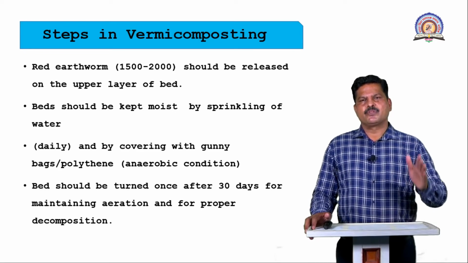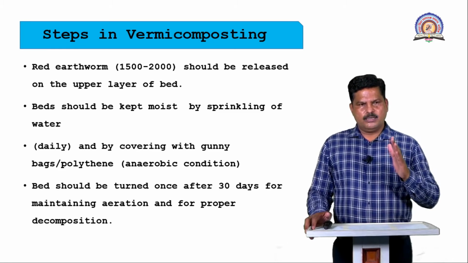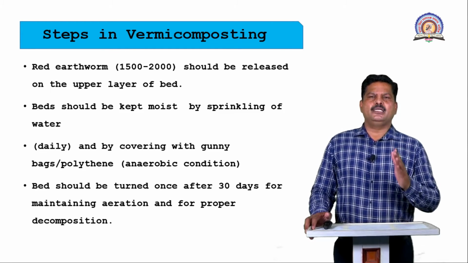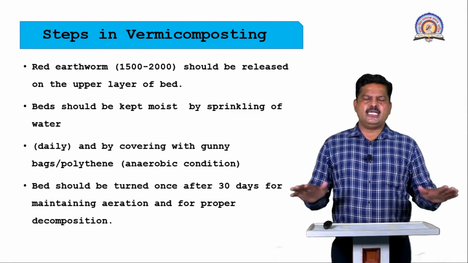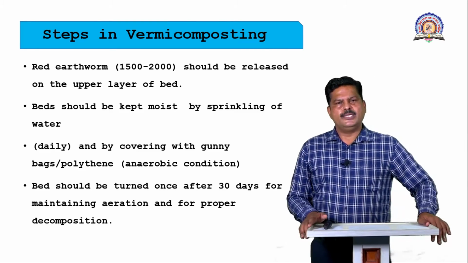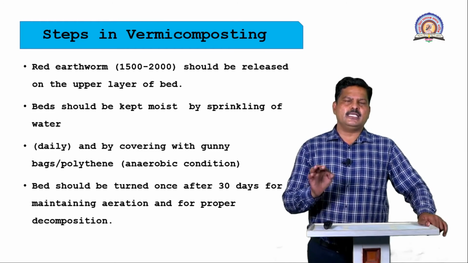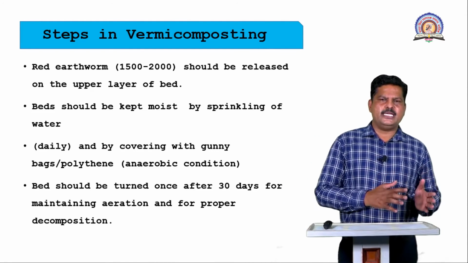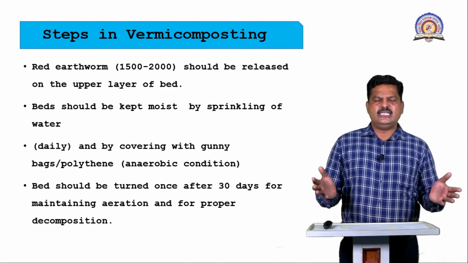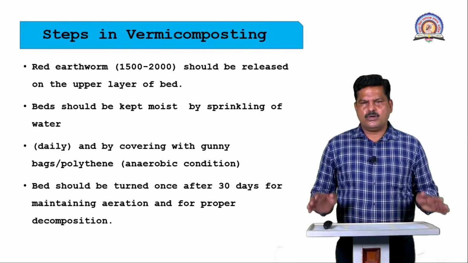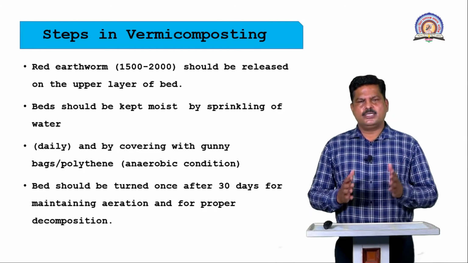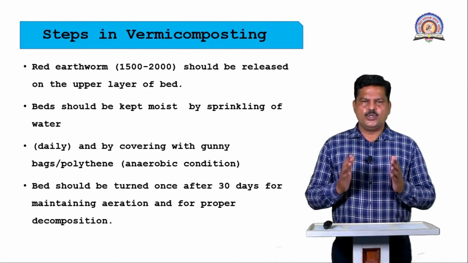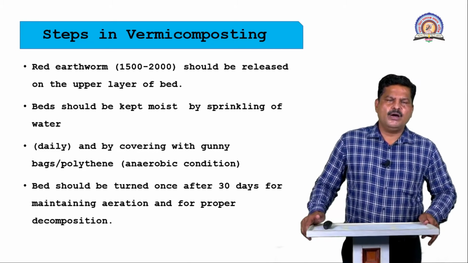So finally, within 1.5 to 2 months, that material is completely formed into humus, and humus is nothing but the natural food of the earthworm. Dry leaves or dry waste are not food for the earthworm. That material gets decomposed and forms humus, and that humus is known as the food of the earthworm.